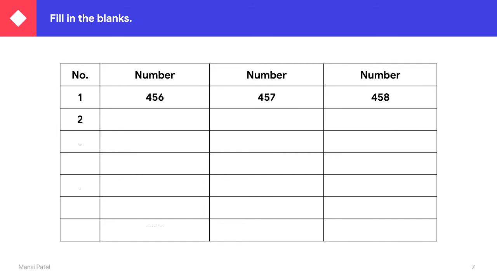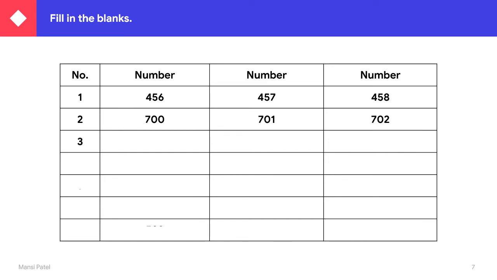Now your number 2 is 700, and that box is on your right hand side. So you have to write down the successor of 700. What comes after 700? That is 701 and then 702.